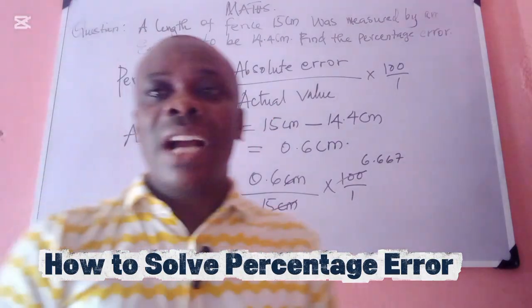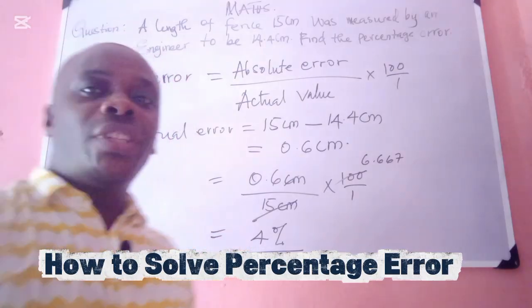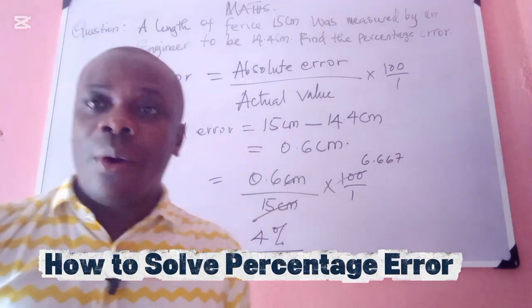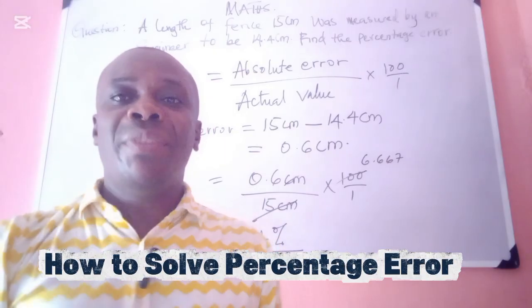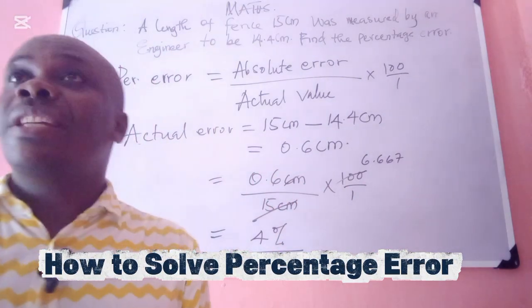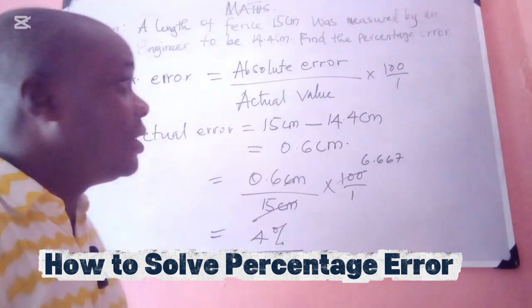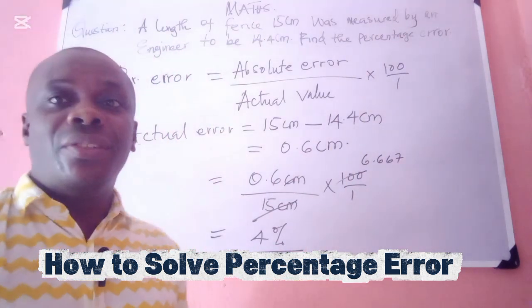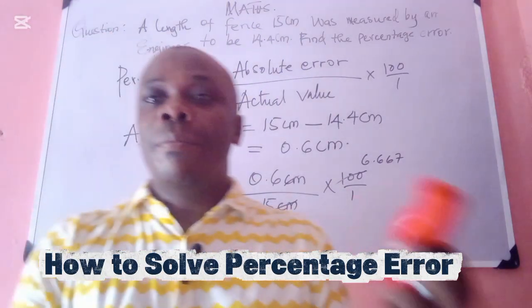This is actually used by engineers mostly, or maybe our local tailors. Most of the time you see that they make mistakes when sewing the cloth because of this type of error. Or an engineer that is building a house, you see that at the end of the measurement of the building there are a lot of errors escalating due to what?